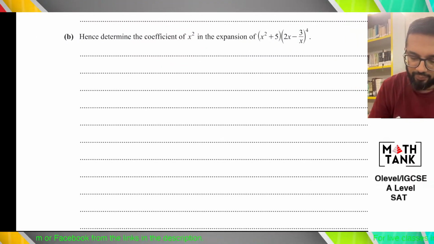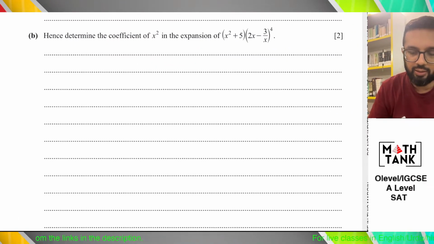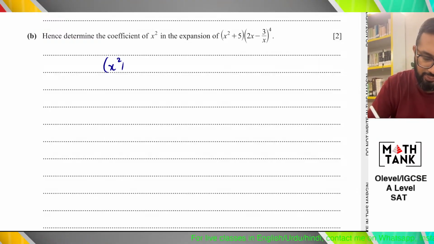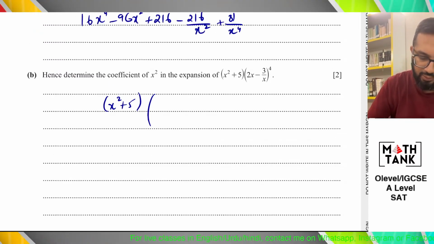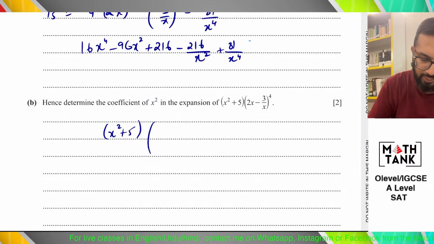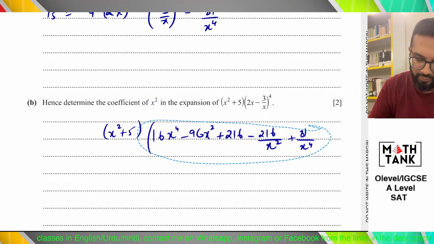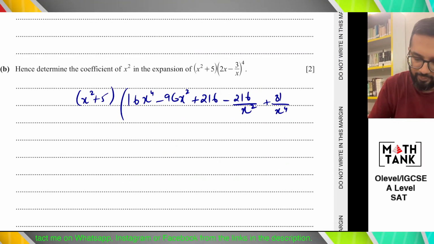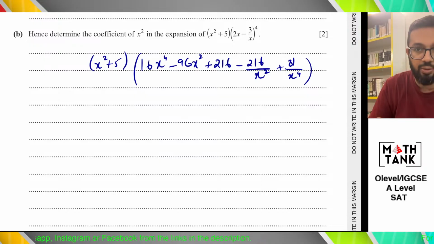Hence, determine the coefficient of x squared in the expansion of this. So x squared plus 5, and can I borrow this from here? Okay, so I have to decide which of the terms will give me an x squared in the numerator.